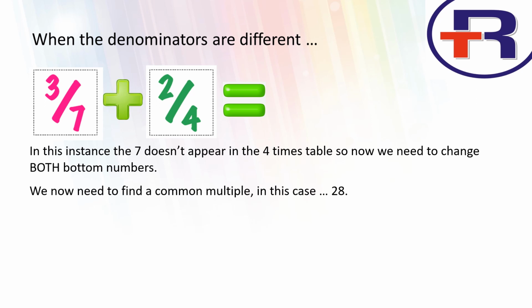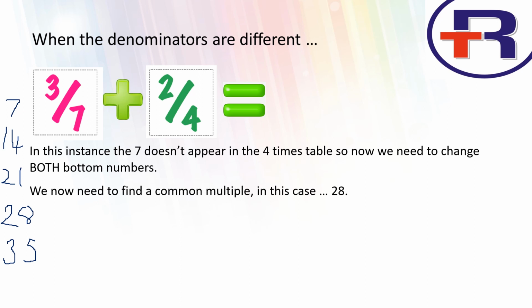If you struggle to work that one out, if you can't picture that, if you can't recognise that as a number, the simple little tip is to just write the times table down the side of the page until we come across a number that appears in both times tables. So I've written the 7 times table down there.